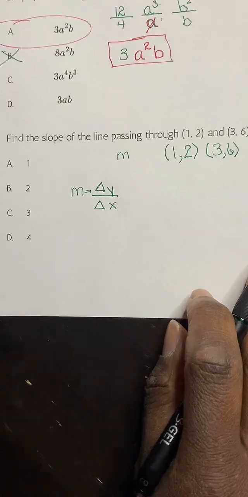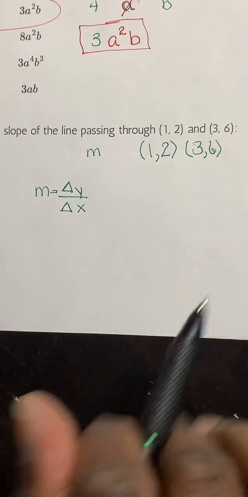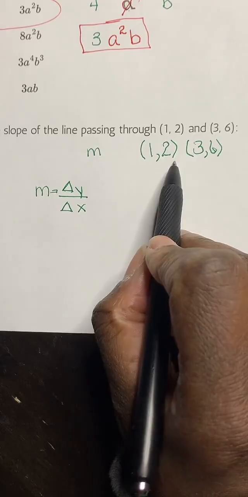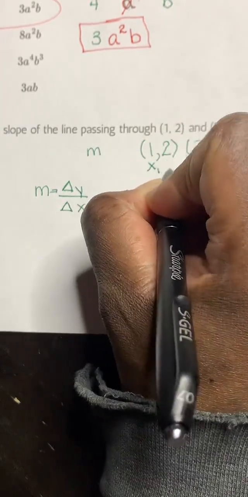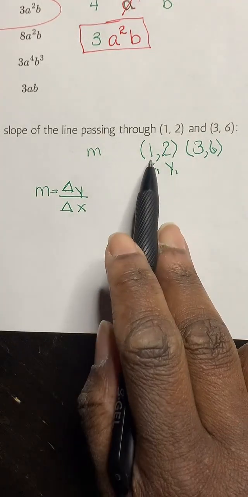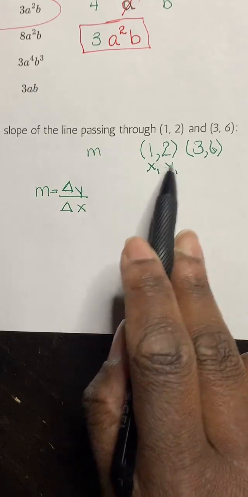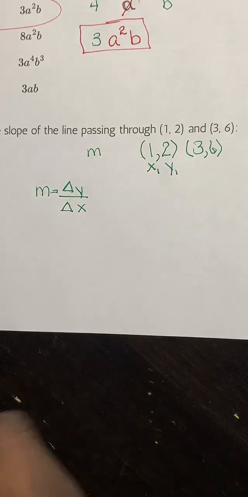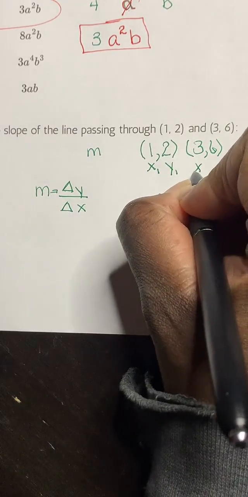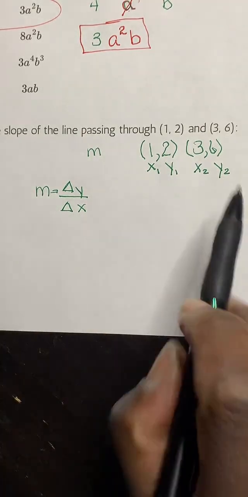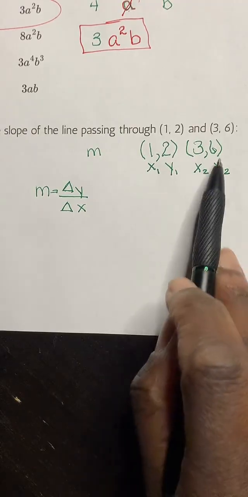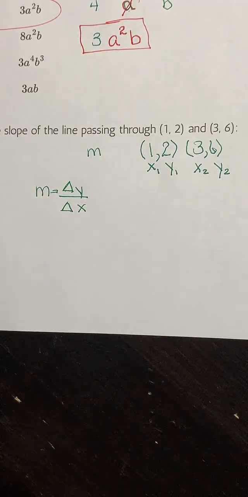Now, what I mean by change, let me zoom in a little bit. This is the first point that we see. So this is going to be my x1 and my y1, meaning this is the x and the y value of the first point. That means this is going to be my x2 and my y2. That means this is the x and y value of the second point.